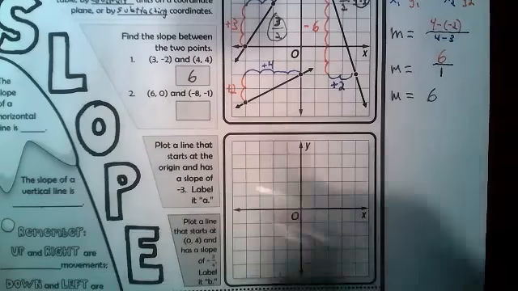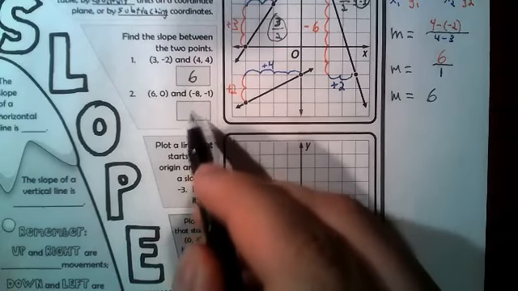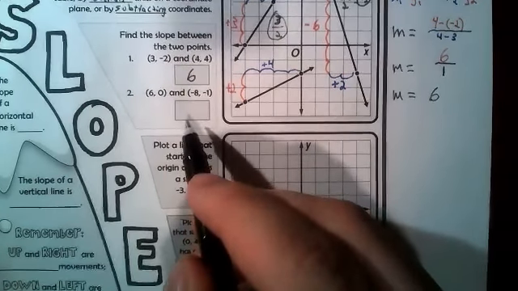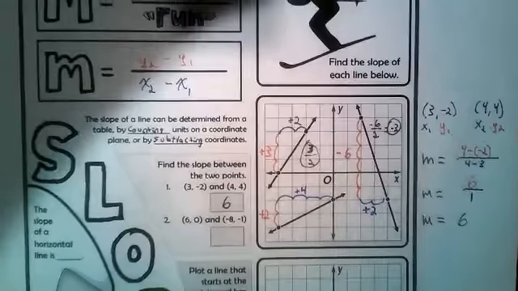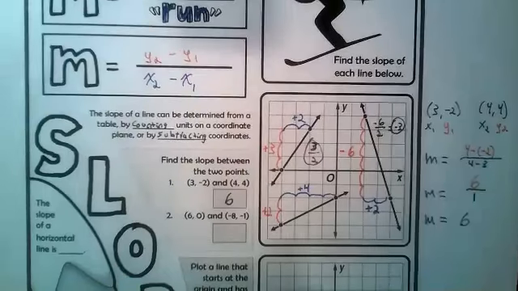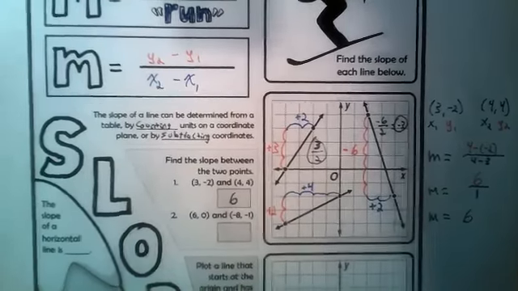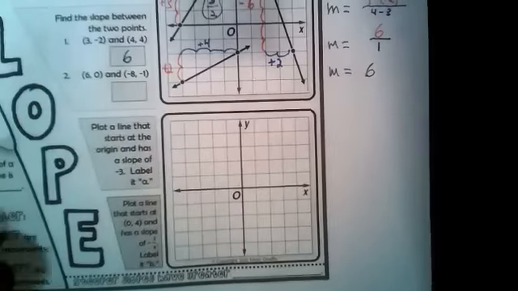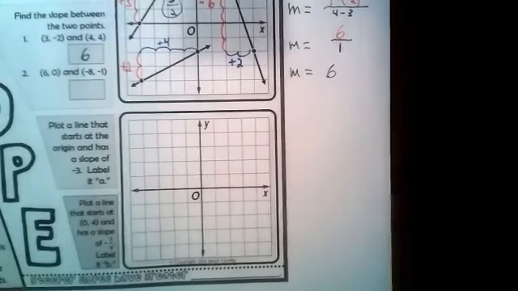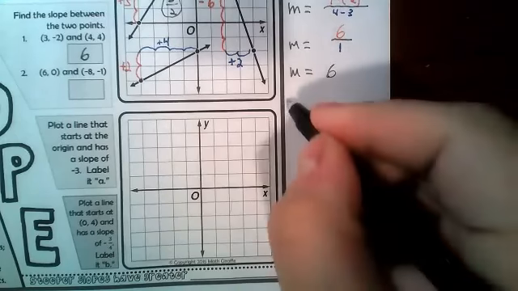Alright, so let's go over finding the slope, this problem you did on your own. So I have my slope formula. That's y2 minus y1 over x2 minus x1. And I use that formula when I don't have a graph, but I have points. So what I'm going to do is I'm going to do this problem right here.